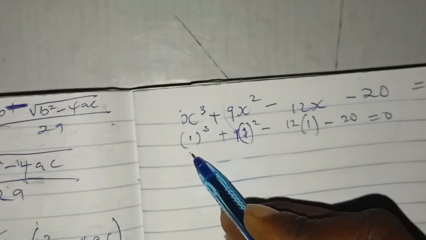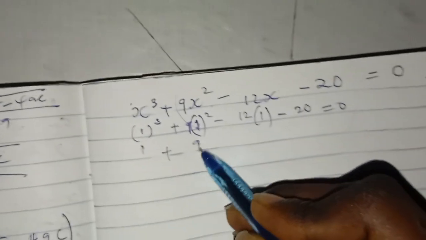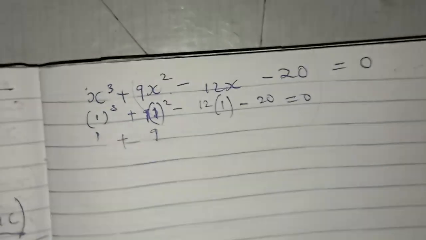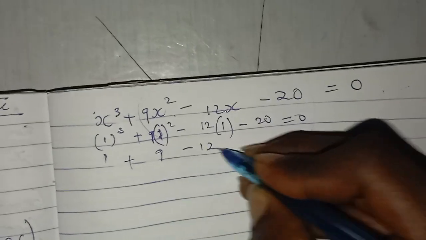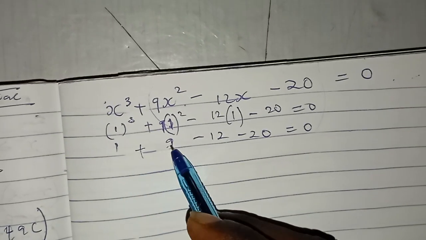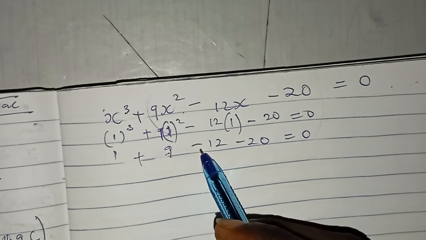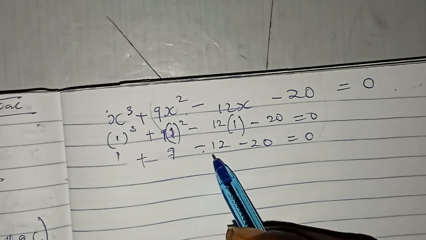Notice that 1 raised to the power 3 is 1 plus 9. 1 raised to the power 2 is 1, then times 9 is 9. Minus 12 minus 20 equals to 0. So this is going to give me 1 plus 9 is 10. 10 minus 12 is minus 2.